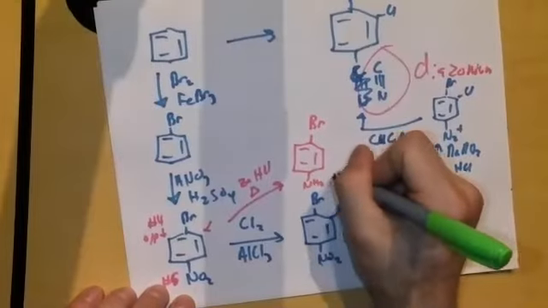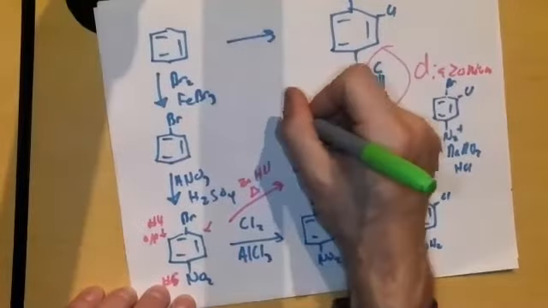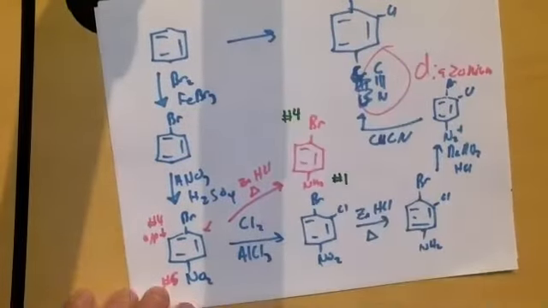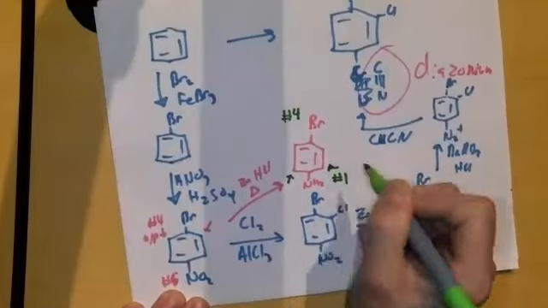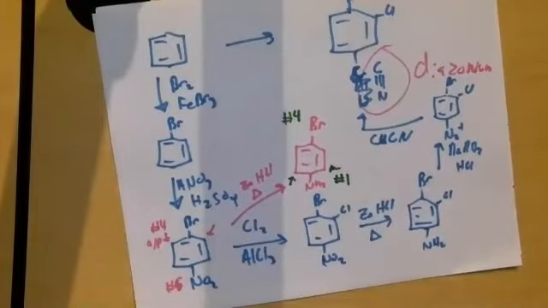This is now a group 1 versus a group 4, which means if I try to chlorinate at this point, I'm going to end up chlorinating at these two positions, which is going to give me the wrong product. So again, order of operations is pretty important for these. It's going to determine if you can make your correct product or not.